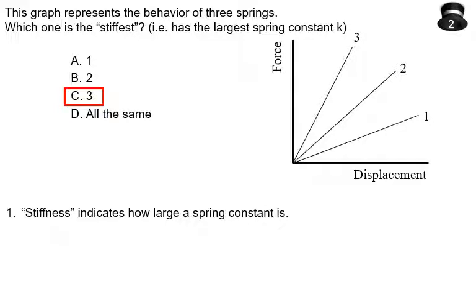So why is that? Stiffness indicates how large our spring constant is. So stiff means a large spring constant. And the applied force is equal to the spring constant times the displacement. So then our spring constant is the force divided by that displacement.